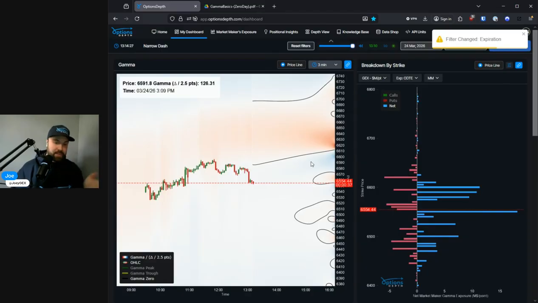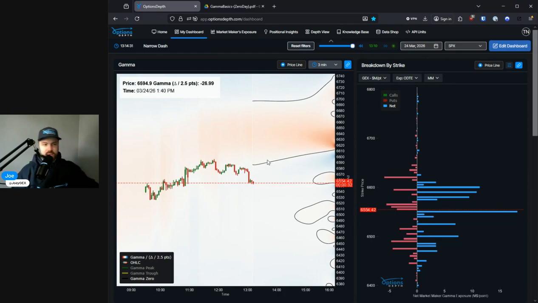Now, on the flip side of this, we just talked a little bit about positive gamma and what it does. We're now looking at the top side here of what negative gamma can be. So we're not in a negative gamma area right now. Negative gamma would start as we get above this flip line here at 65.86. When we're in a negative gamma area, all you have to understand is it's going to be reactive based off price action, and dealers are going to trade with whatever happens with price.